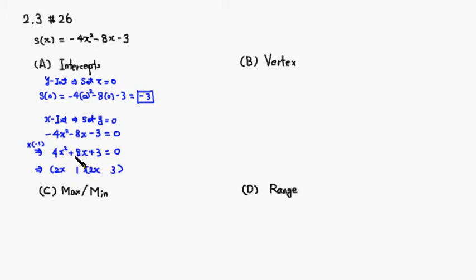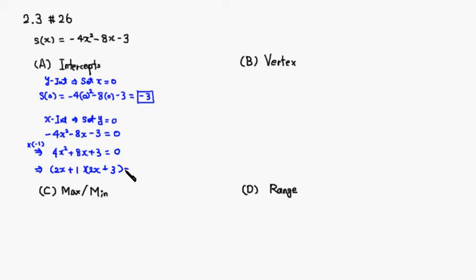Then we have to get the positive 8. 2 times 3 is 6, and 1 times 2 is 2, and 6 plus 2 is 8. So you're going to have a positive 1 here, and positive 3 would be okay. Just make sure 2x times 2x gives you 4x squared, 2x times 3 gives you 6x, 1 times 2x gives you 2x, combined together 8x. Then 1 times 3 is 3, so that will work out.